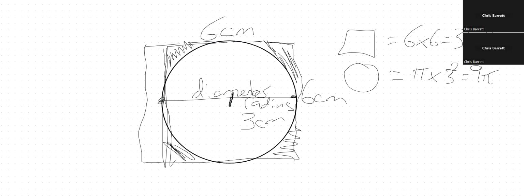I'm not going to change it into a decimal because I want to do my subtraction first. So now I'm going to do the area of my square, subtract 9 pi. Both of these things, even though I've got a pi sign, are in centimeters squared because we've used 3 centimeters, so we're all good.